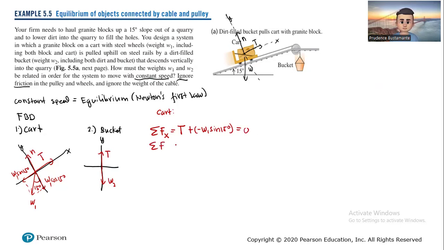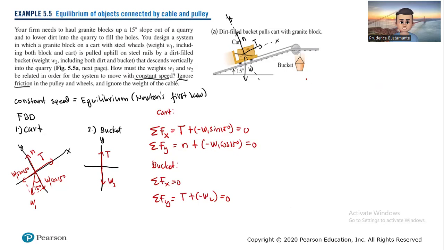Sum of F y: we have the normal force plus the negative weight 1 cosine of 15 degrees is equal to 0. For the bucket, the summation of all the forces along y is equal to the tension plus negative weight 2 is equal to 0.